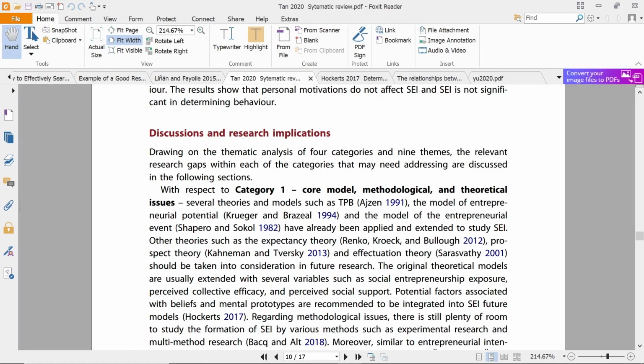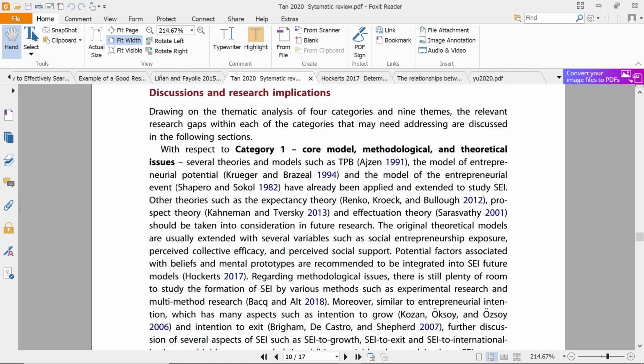Several theories and models such as the theory of planned behavior, Ajzen 1991, the model of entrepreneurship potential. So what are they talking about? Prospect theory. Okay, should be taken into consideration in future research. So they are giving guidance to future research.